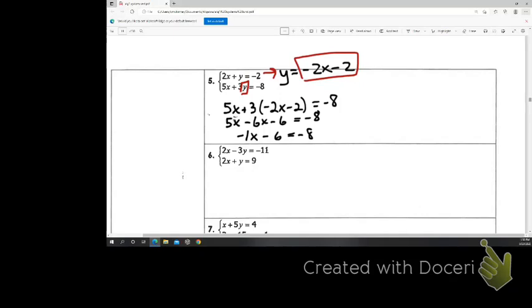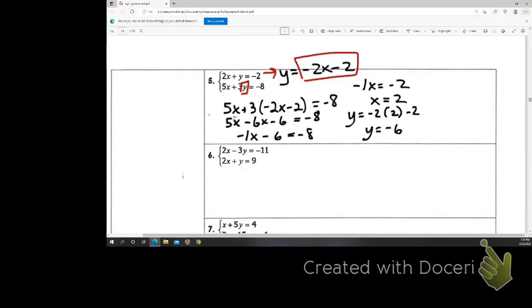And then add or subtract, in this case add, and then divide. So I got x is 2, and if x is 2, -2 times 2 is -4, minus 2, y is -6.